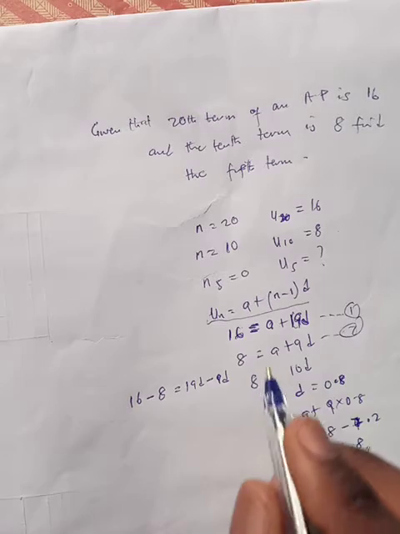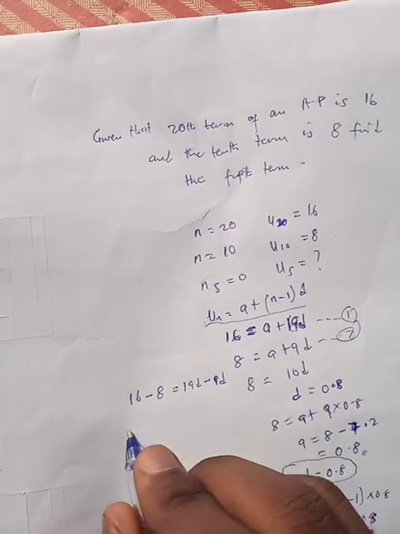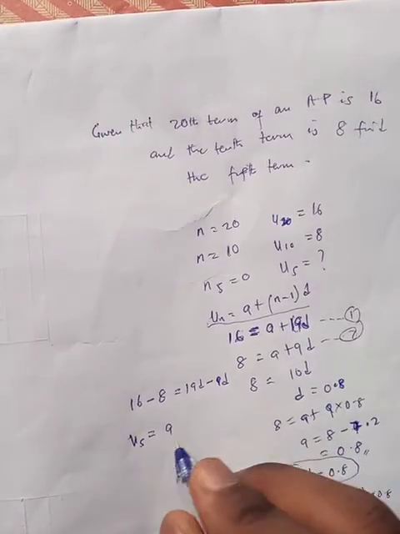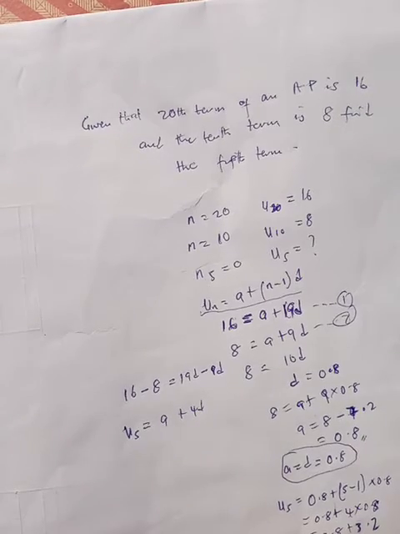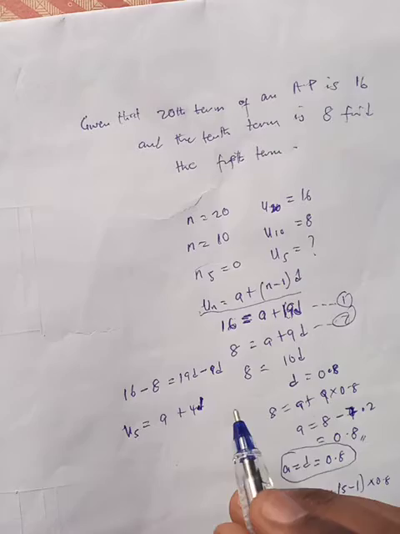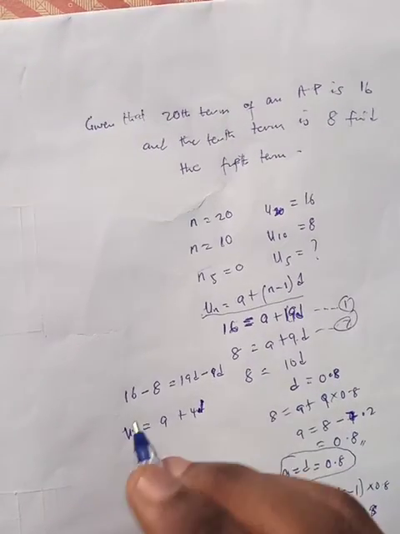Then you take the equation that you want, that is u of 5 should be equal to a plus 4d. This is how it should have been. We don't know d, we don't know a. So what we will do is quickly take this minus that as well.